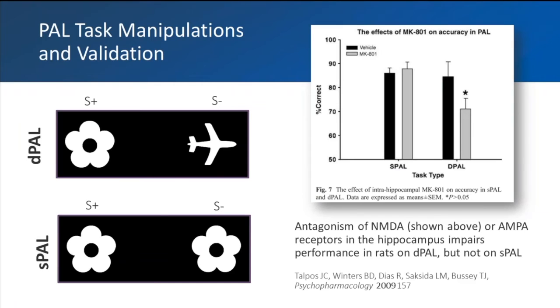The tasks already described are called DPAL because they use 2 different images. 2 different images are shown at the same time on the screen. There is also a version called SPAL, where we use the same image, one in the right position and one in the wrong position.